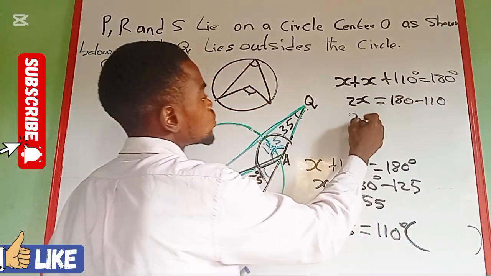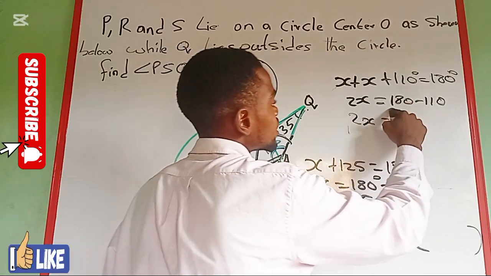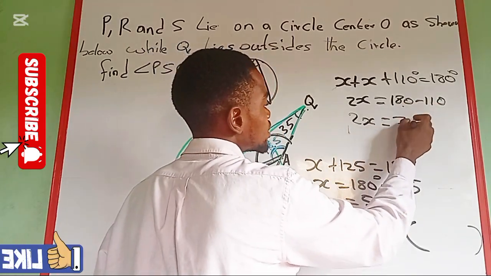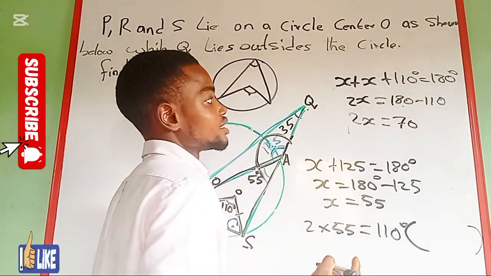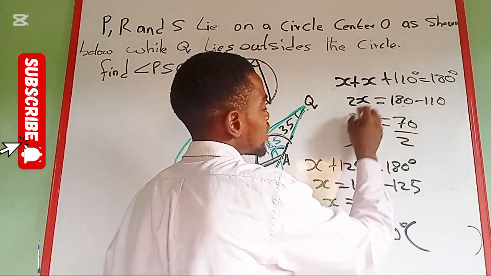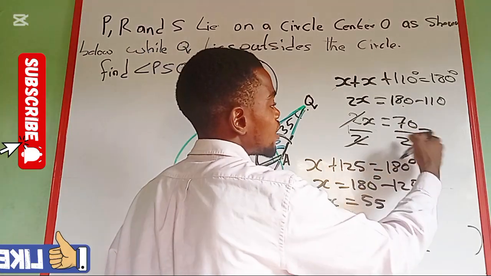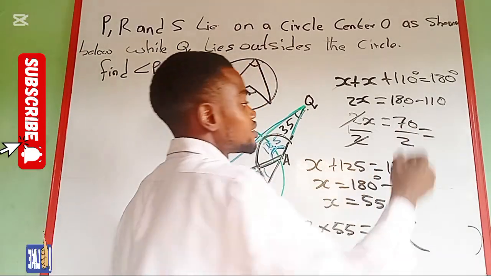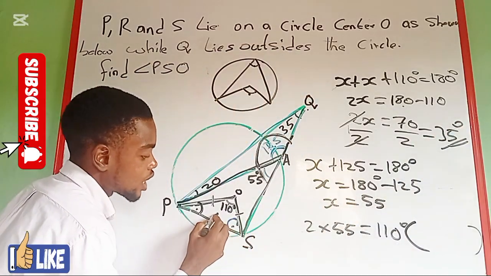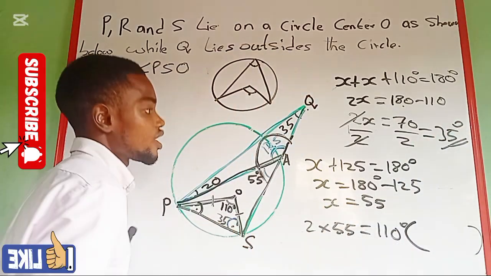We are going to have 2S is equal to 180 minus 110, which leaves us with 70. Now we divide by 2 and we divide by 2, so that we have S equal to 35 degrees, and that is the angle we are looking for here, which is 35 degrees.